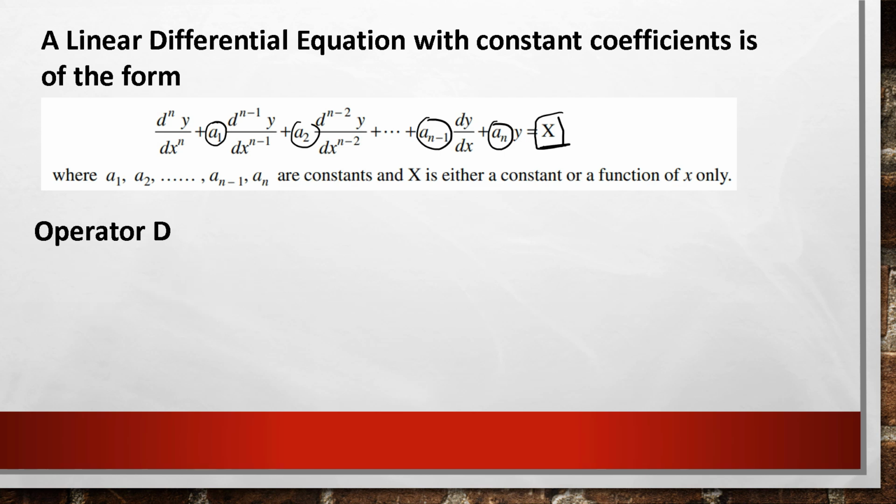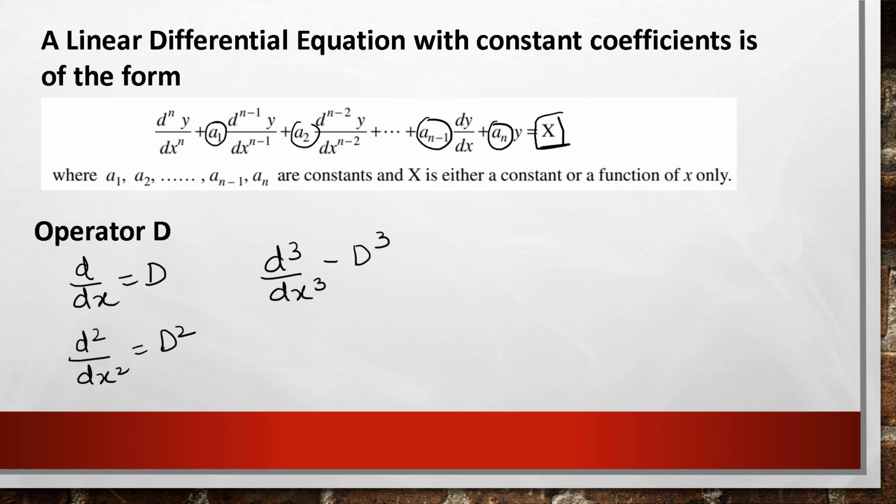Let's see how. For d over dx, we'll use capital D. For d square over dx square, we'll use capital D square. For d cube over dx cube, we'll use capital D cube. For d power 4 over dx power 4, we'll use capital D power 4.